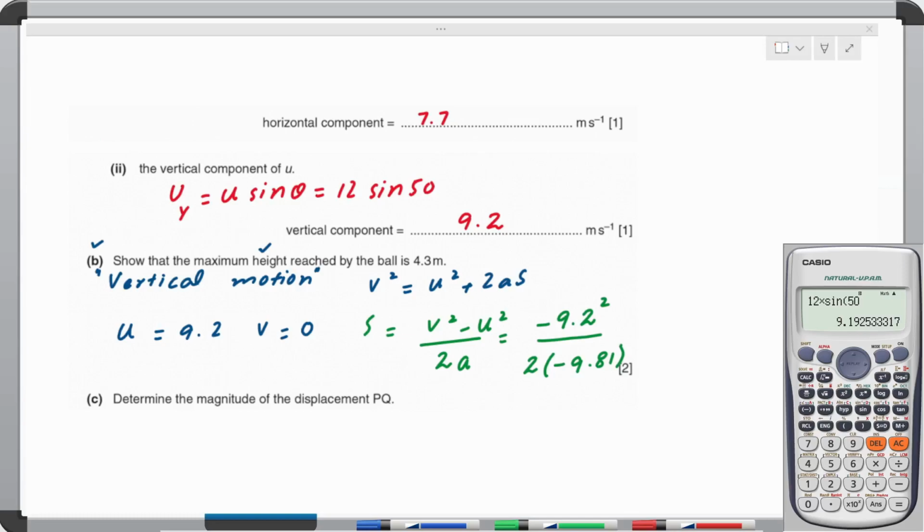Before using the calculator, you can cancel the negative sign from the top with the one at the bottom. So we have 9.2 square divided by 2 times 9.81, and what we get, in 2 SF, is 4.3. So 4.3 is the answer.